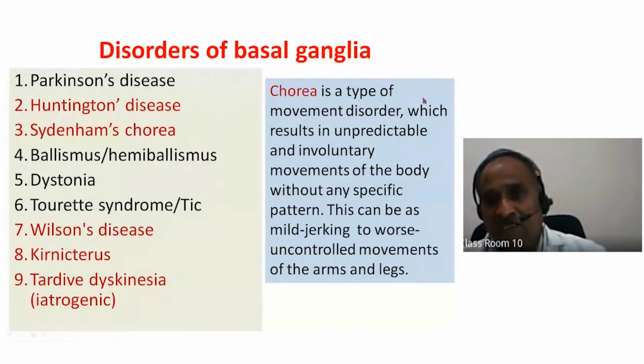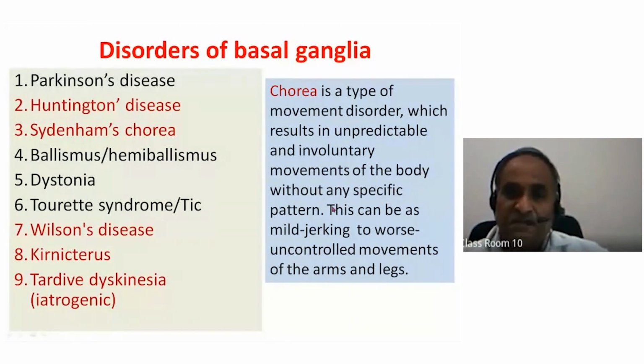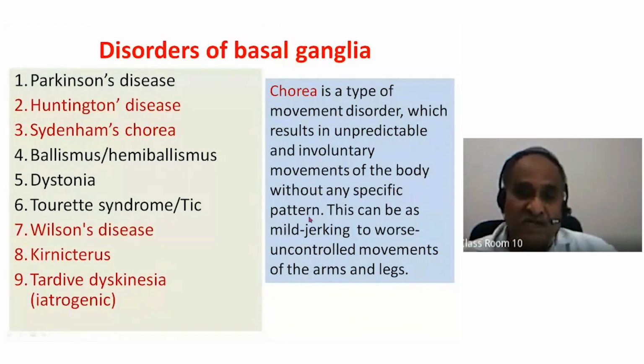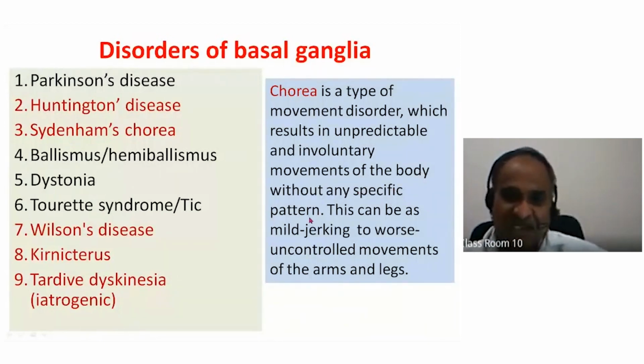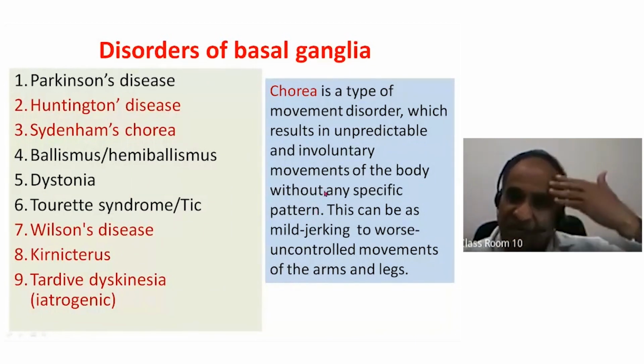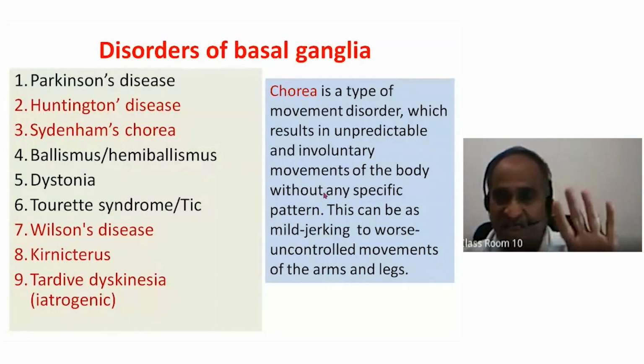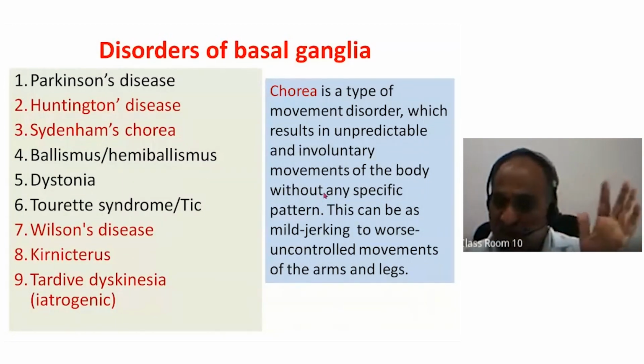The chorea is a type of movement disorder which produces unpredictable involuntary movements without any specific pattern. You may be doing like this and then like that, including the face, lips, the eyes, and then the fingers and so on.